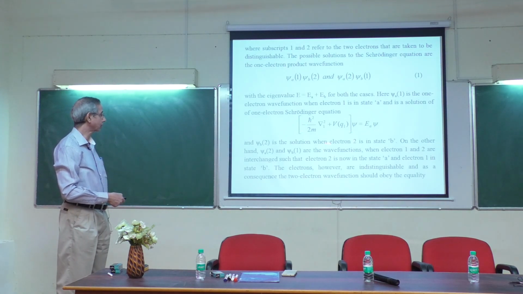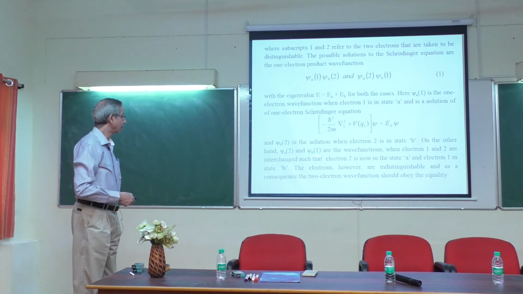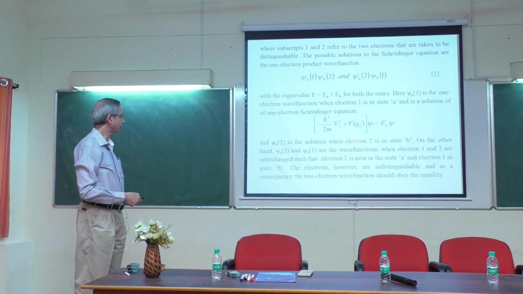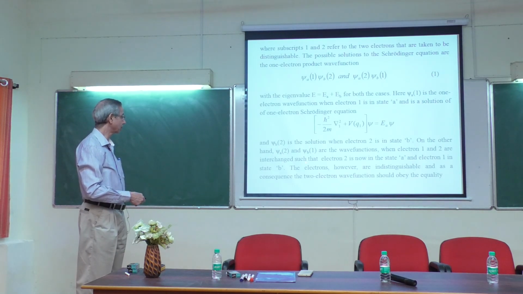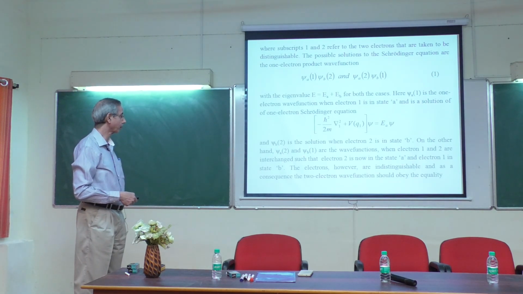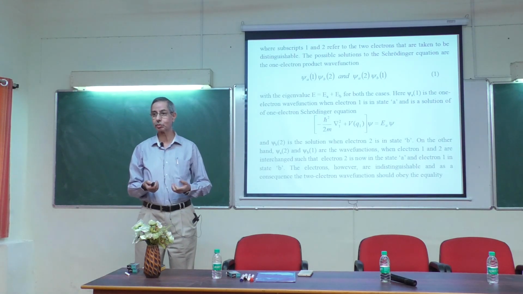Similarly for electron 2, which will have the energy EB, so that the total energy is just the sum of these two. Psi B2 is the solution when electron 2 is in state B, and likewise if electron 2 is in state A and electron 1 in state B, and so on. Now we know that we cannot distinguish between electrons; they are indistinguishable.